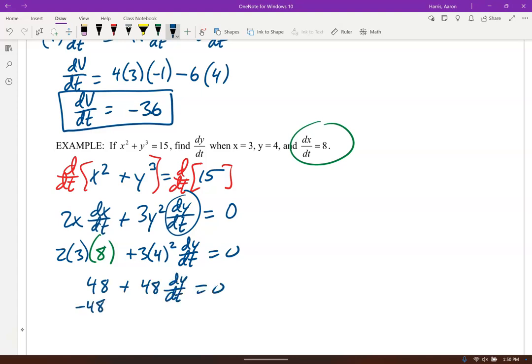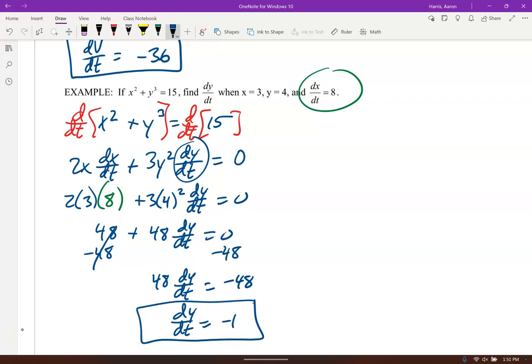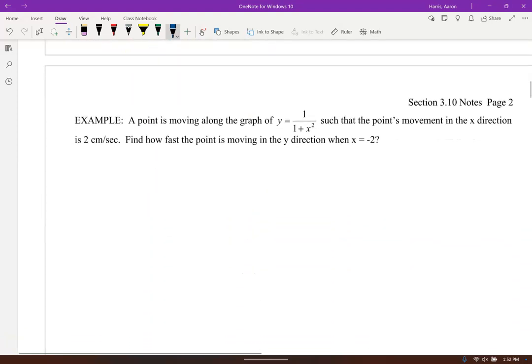I'm going to subtract 48 on both sides. So I got 48 dy/dt equals -48. I'm going to divide by 48. So -48 over 48 is just a -1. So it looks like dy/dt with those givens is -1, and that's how you take the derivative with respect to t. Well, let's get into the applications here.